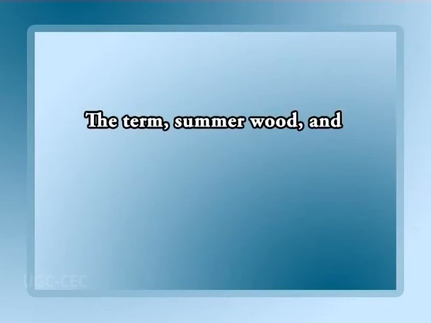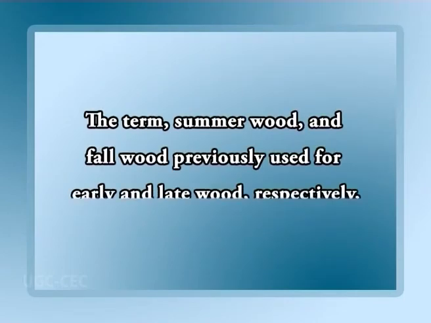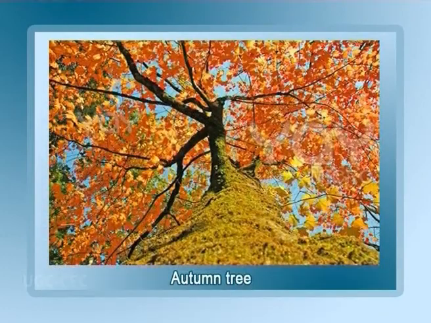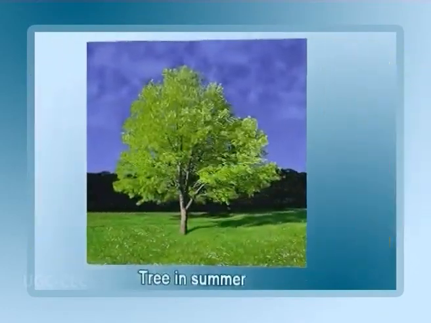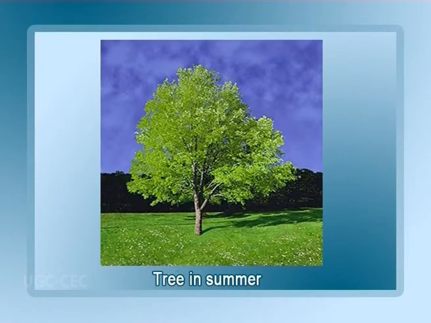The terms summer wood and fall wood, previously used for early and late wood respectively, are no longer in use now, since in most trees no wood is formed in autumn and some wood commonly develops in spring.